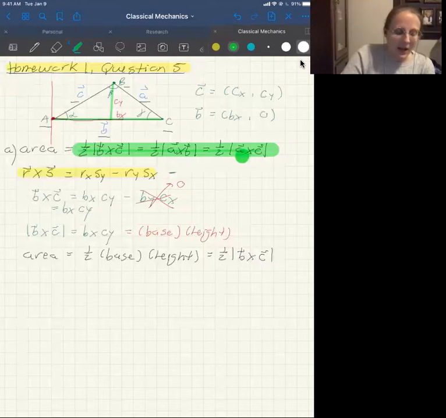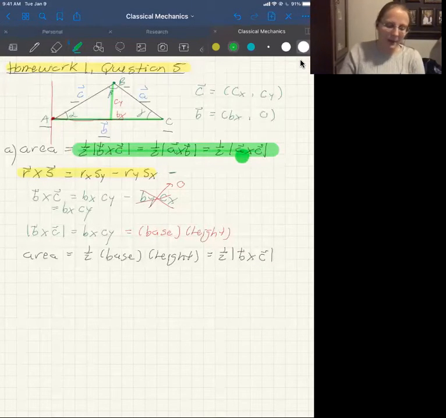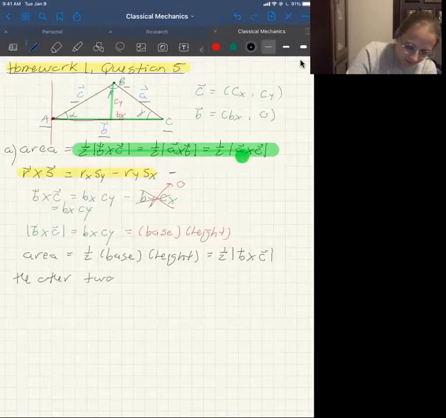You'll just change how you define your origin. So for the next term, you would move the origin here, or maybe put C on the x-axis and just go around like that. But for this problem, it's good enough to say that the other two terms can be proved in a similar manner.